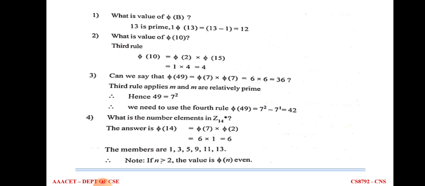You have to watch the question carefully, because here they are not asking for the value of phi of 14. The question is, what is the number of elements in Z14 star? So the meaning of this question is, the phi of 14 value is 6, but the question is, what are those 6 elements? That is the question of this problem.